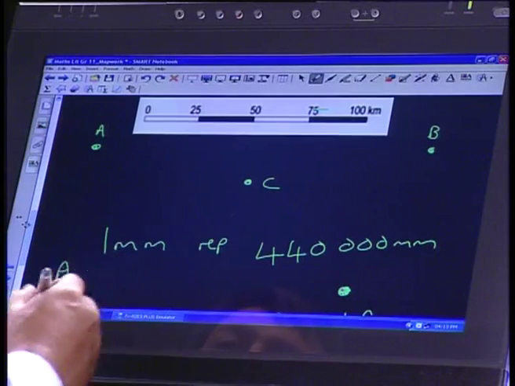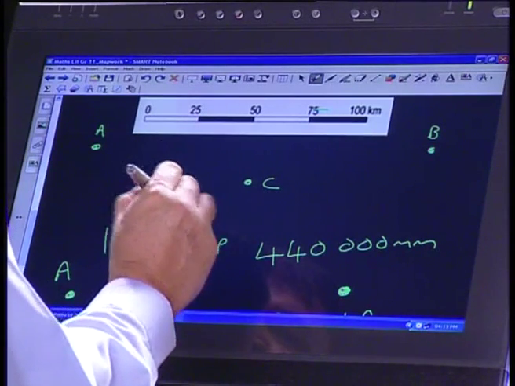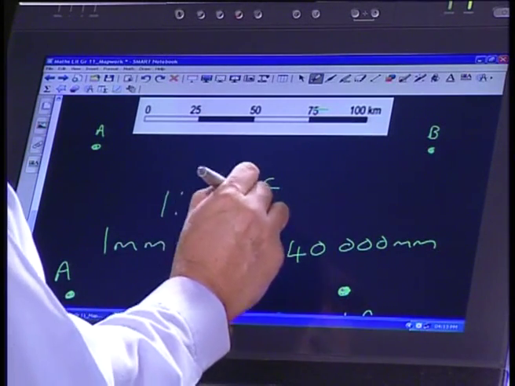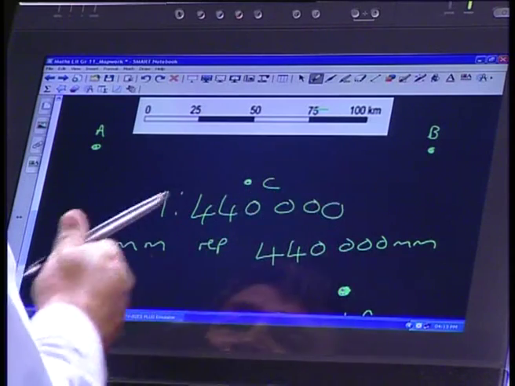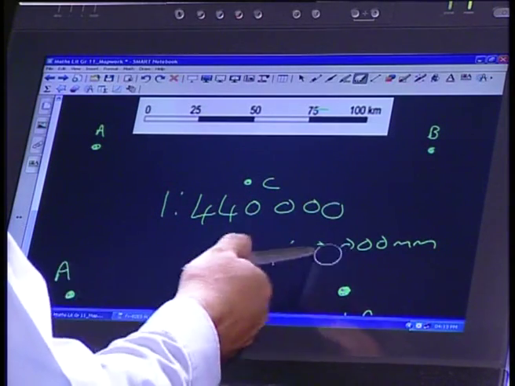In other words, folk, I have a number scale 1 is to 440,000. Okay? 1 millimeter on the map represents 440,000 in real life. So let's write that next to my picture over here. Okay? So we're going to say 1 is to 440,000.